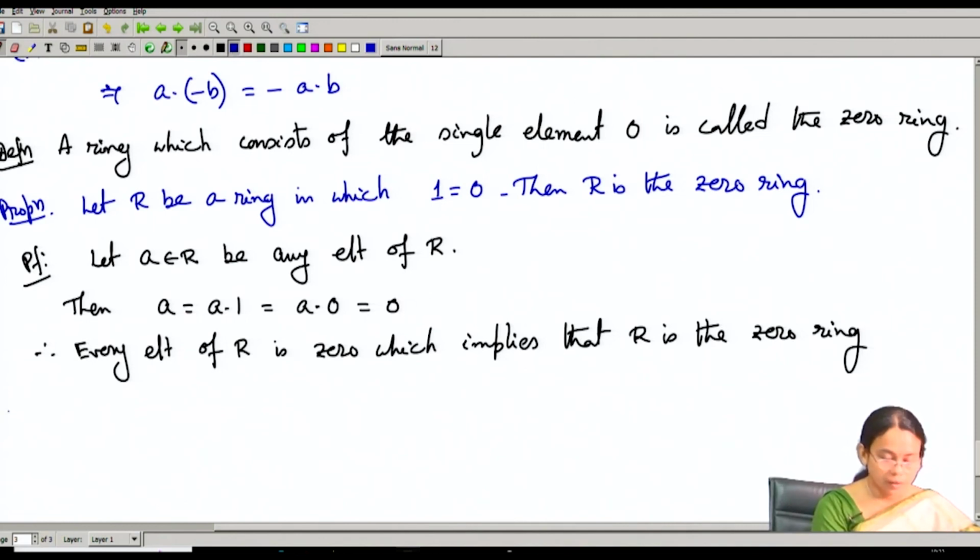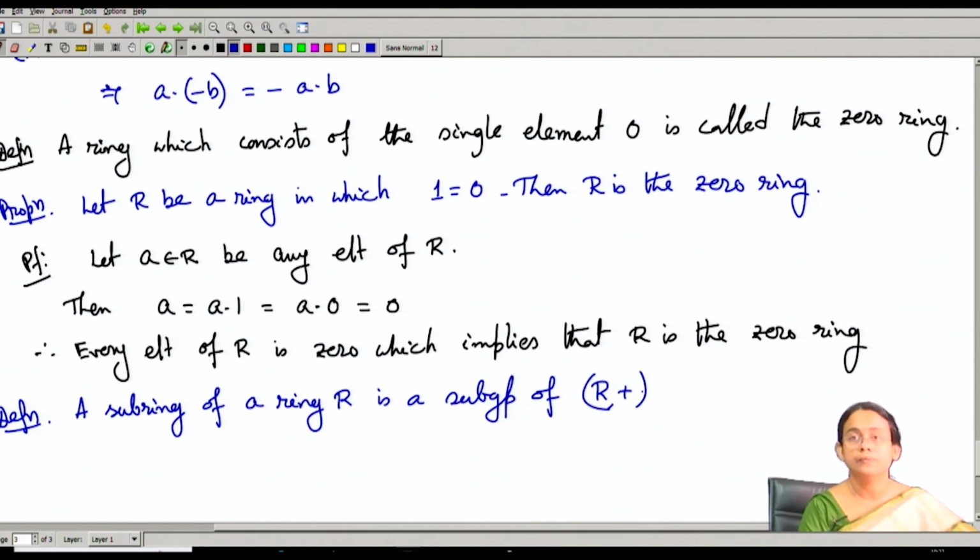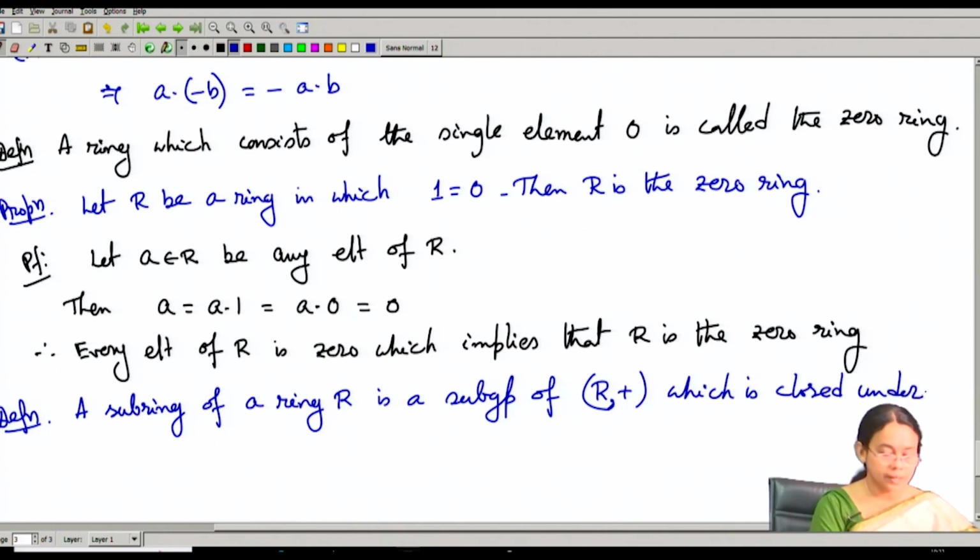So, definition: a subring of a ring R is a subgroup of R, additive subgroup I am saying, which is closed under multiplication and contains the multiplicative identity.